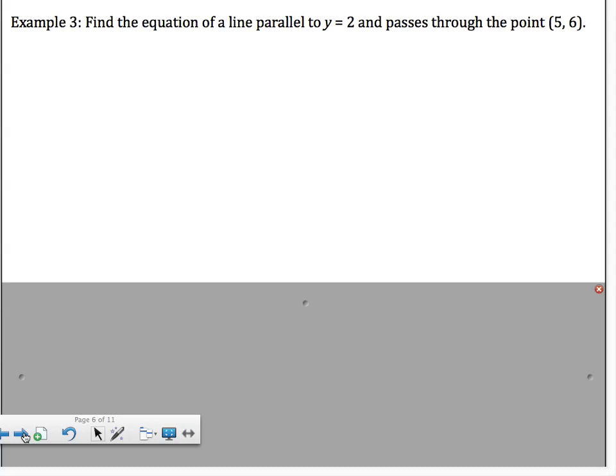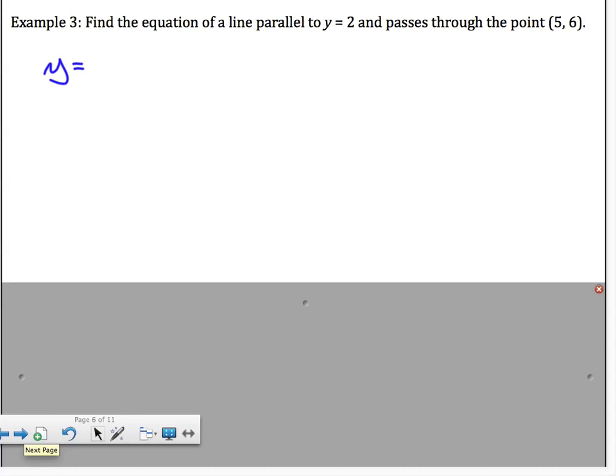Yeah, y is equal to 2, that means it's horizontal. So we want a line that's another horizontal line because it's parallel, but passes through 5, 6. So because it's parallel, what's our slope? Well, what's the slope of this line? Oh, 0.